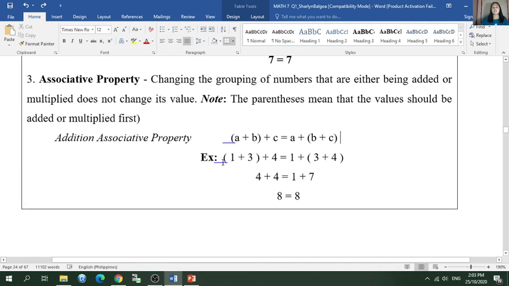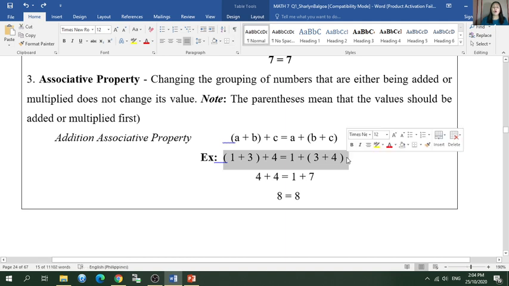Take note, the real numbers used here are 1 plus 3 are group. Okay, 1 plus 3 is group, plus 4 is equal to, on the left or right side of the equal sign, the numbers that are grouped are 3 and 4. Okay, so take note that in example for associative property, the order does not change, but the groupings are changed.